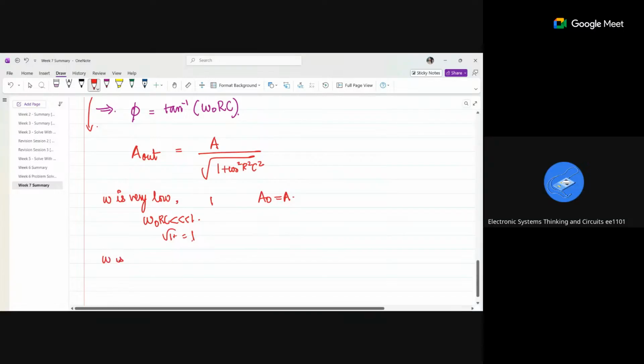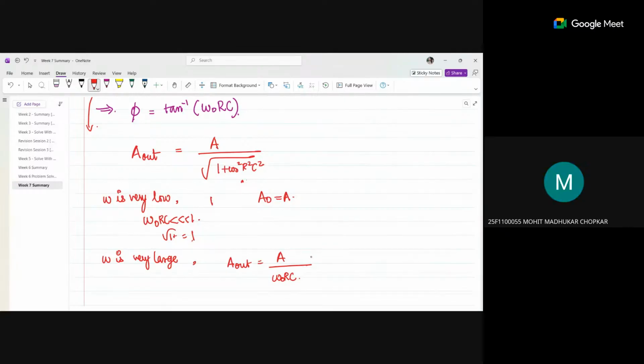If omega is very large, any large number like infinity plus 1 will give just infinity, right? So my A out will become A by omega naught RC. If omega naught RC is very much greater than 1, A out will reduce.